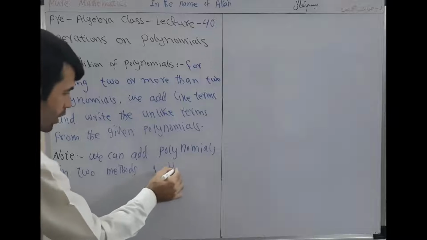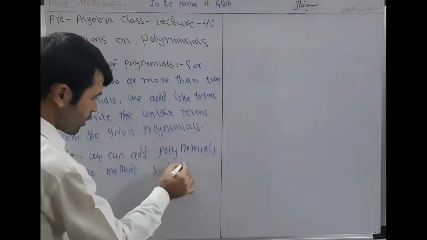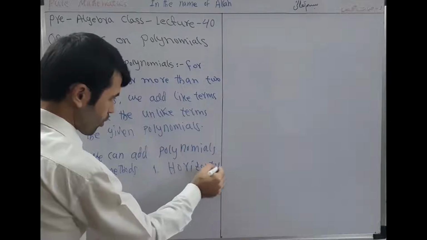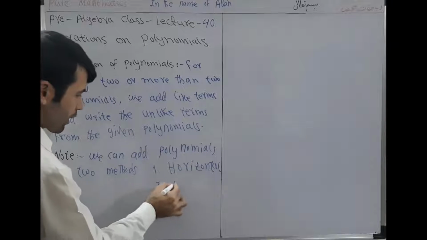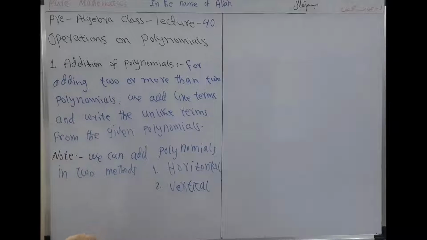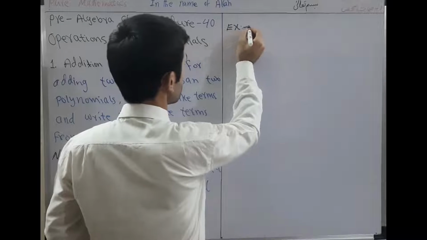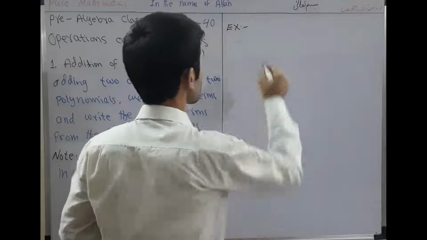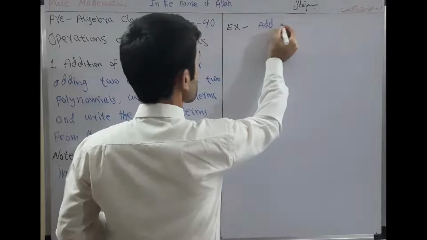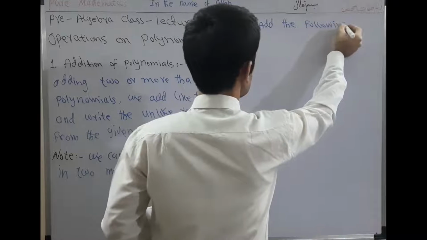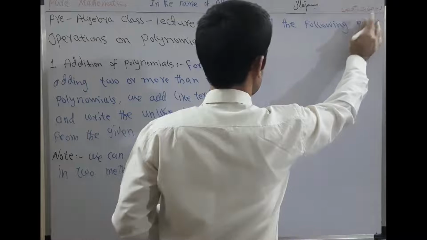Number one, horizontal, number two, vertical methods. In these two methods, we can add two polynomials. For example, add the following polynomials.